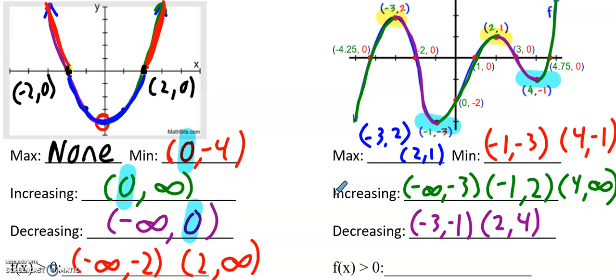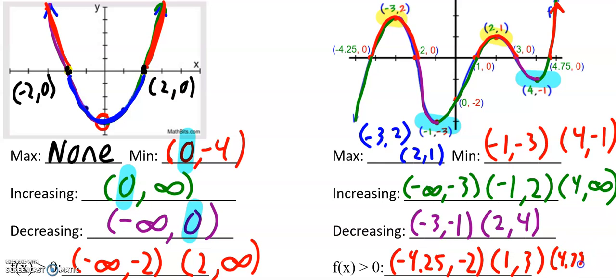All right, now where are we greater than 0? We are greater than 0 here, here, and here. That is going to be, again, x values, -4.25 until -2, 1 to 3, and 4.75 to infinity.